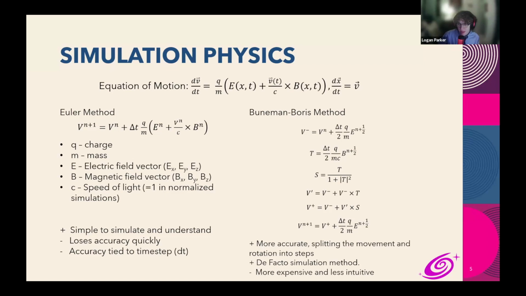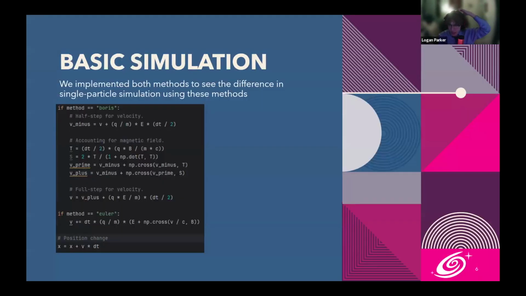The Boris method updates every half time step, updating the position and then the velocity, which is why it's also called the leapfrog method. It's the default way of simulation for various particle simulators, and it's more accurate, but it's more expensive and less intuitive. We implemented both so we could see the difference.